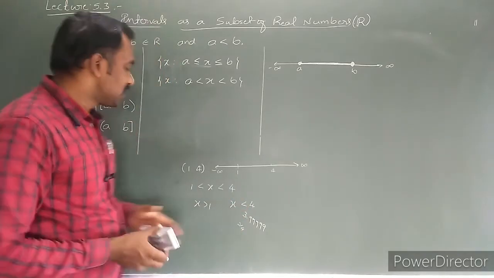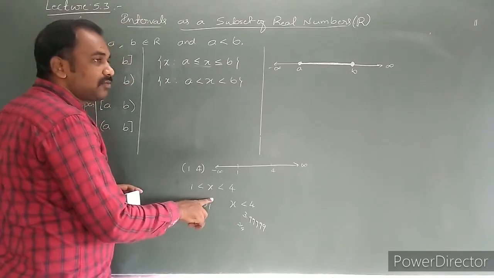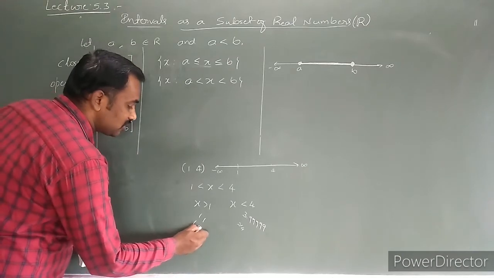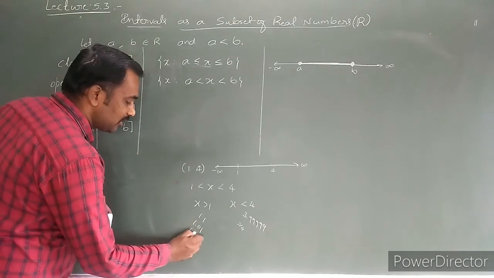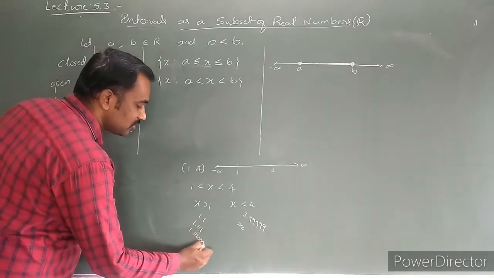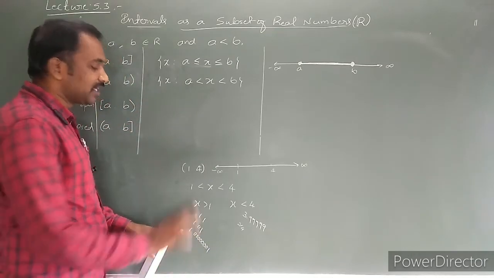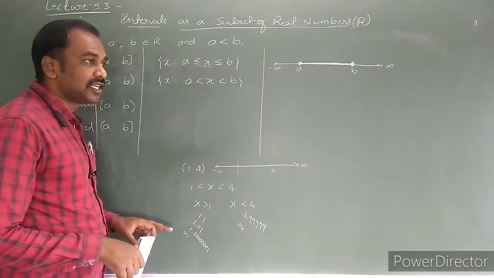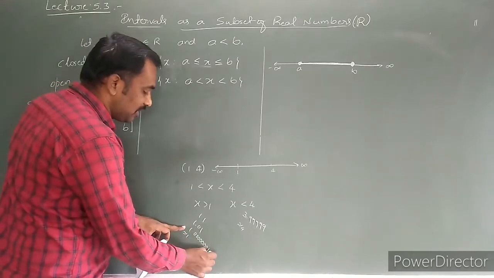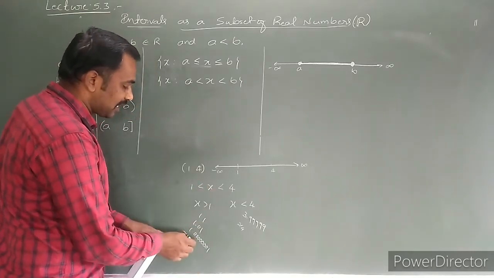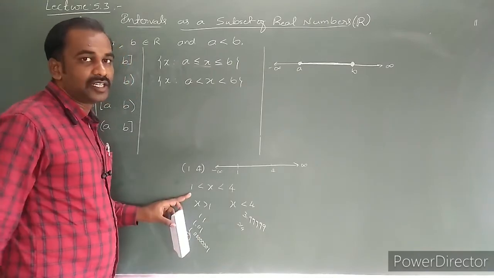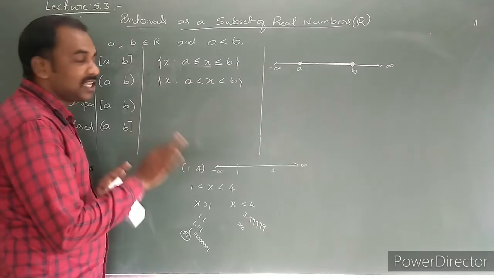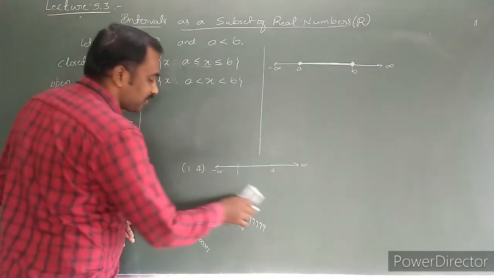Similarly, 1 is not present, but 1.1 is present, 1.01 is present, 1.00000000001 is present, but exactly 1 is not present. Approximately we can write it as 1 only, nothing to worry. This is exactly the meaning of the open interval. Is that clear? Okay. So I hope you have got the point.